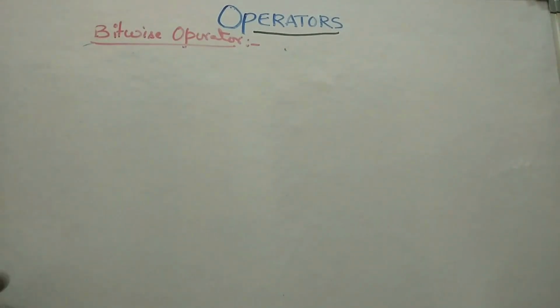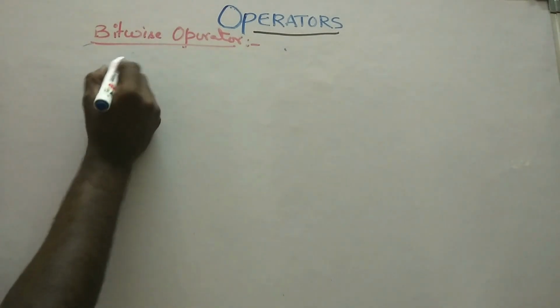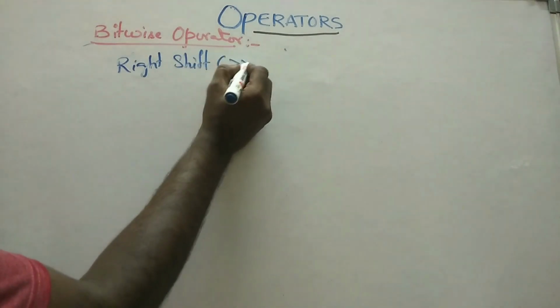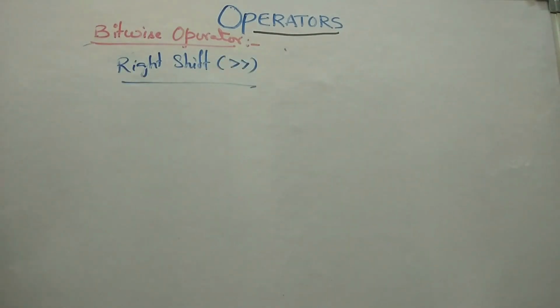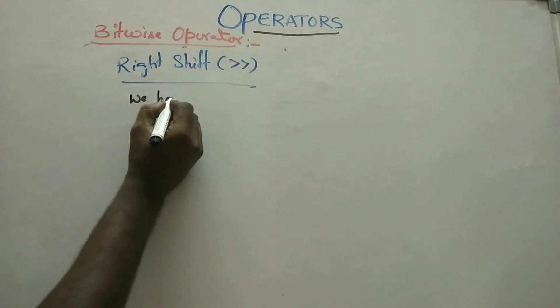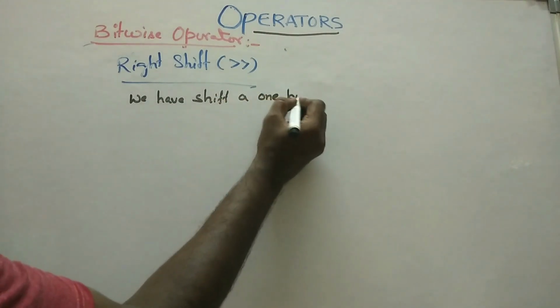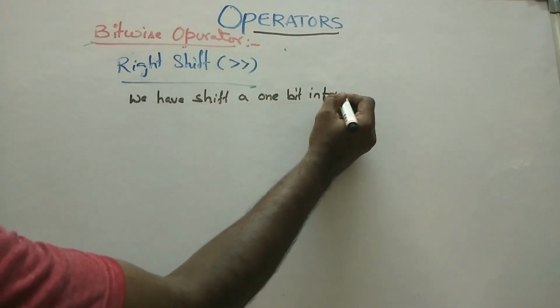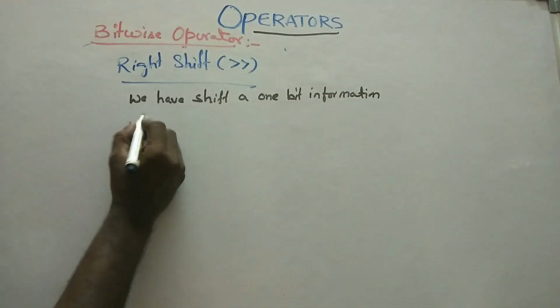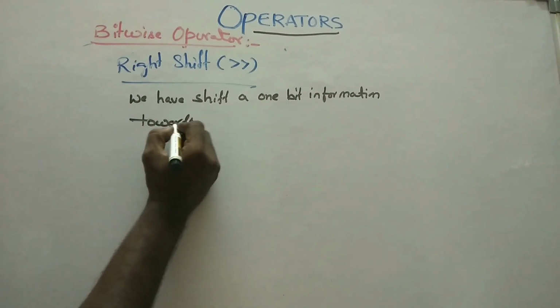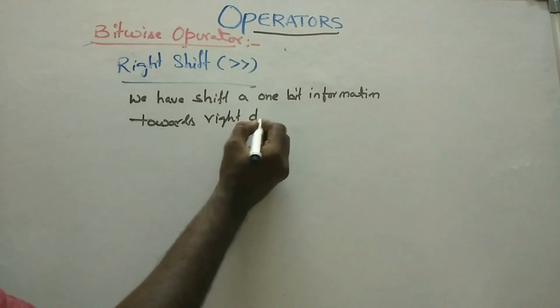The next one is right shift. This is the operator, right? First of all, what is meant by right shift? Right shift is nothing but we have to shift a 1 bit information towards the right direction.